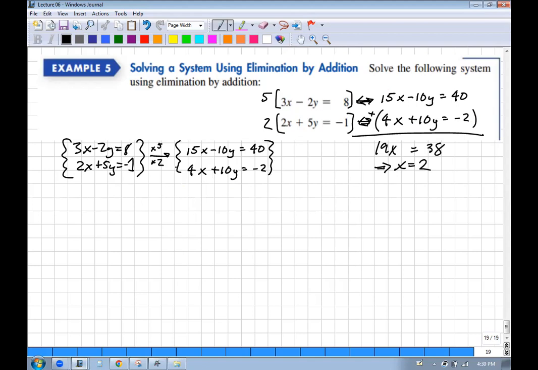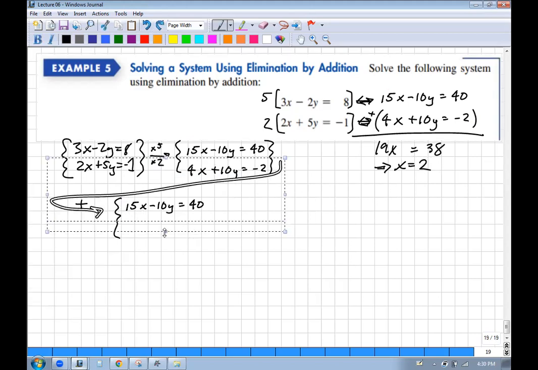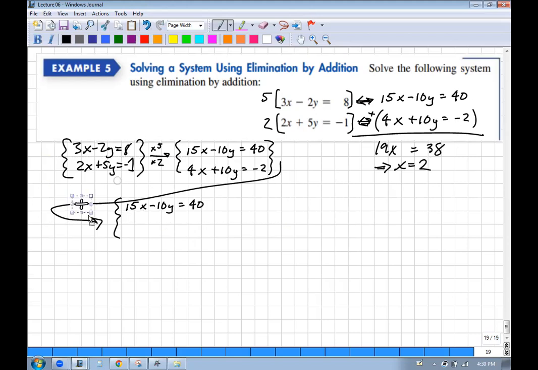But then I added them together. And basically, I'm keeping the first one, but I'm replacing this guy with the new ones. Let me move this down. Boop. So the bottom one is getting replaced with x equals 2.